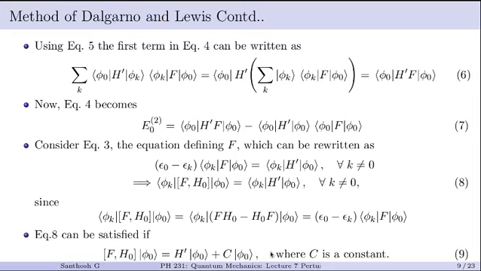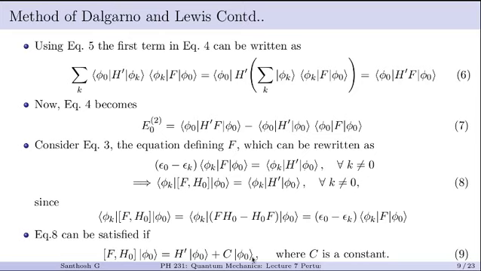To see that this is a solution, consider taking inner product of this expression with phi k, and on the left hand side we have the inner product of phi k with f commutator h0 acting on phi 0, which is the same as this left hand side of equation 8, and on the right hand side you have inner product of phi k with h dash acting on phi 0, that is this term, plus c times inner product of phi k with phi 0.